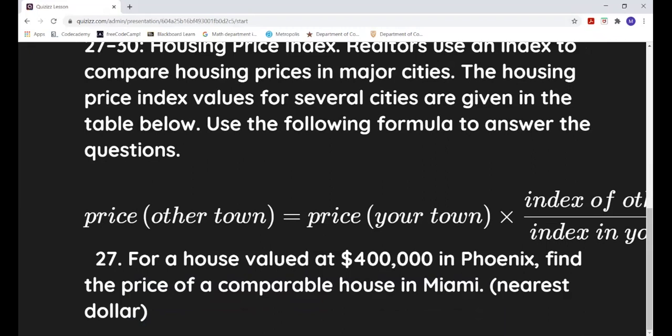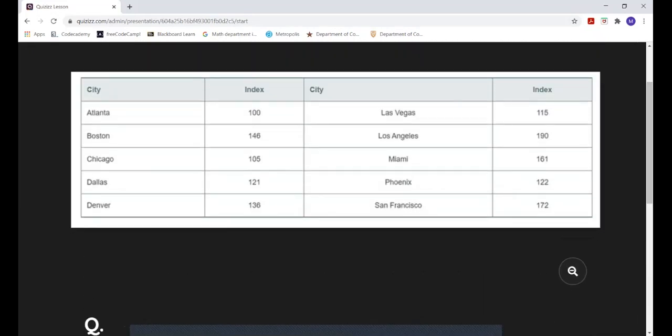Okay. So 400K in Phoenix, what is that? Ooh.